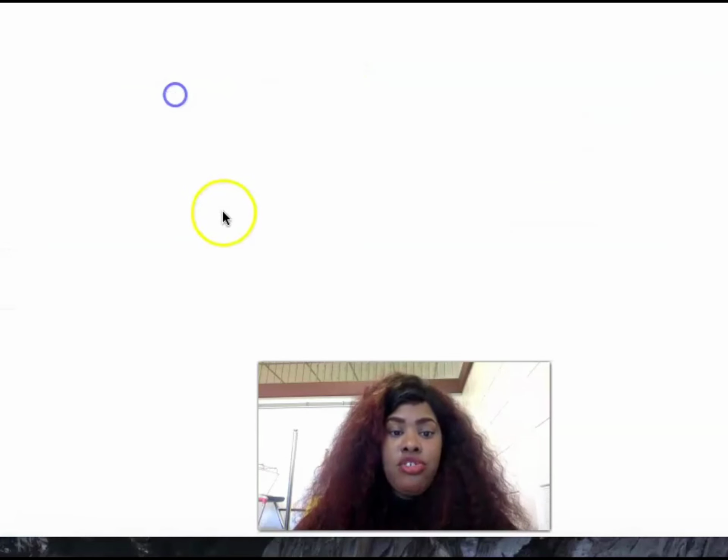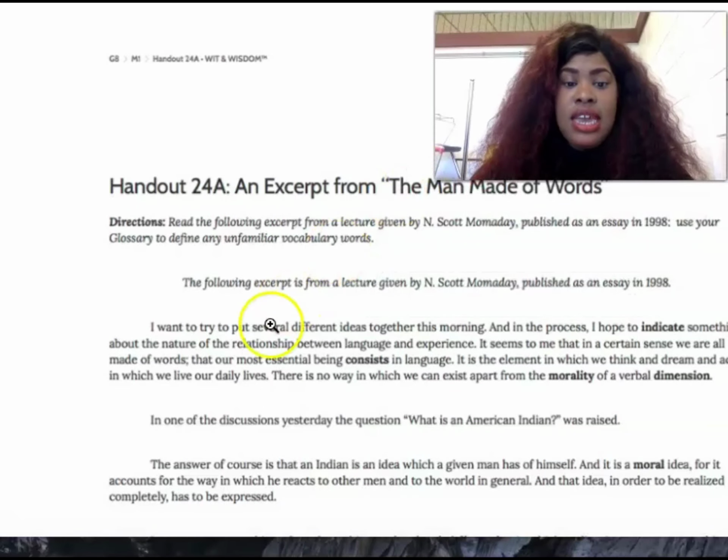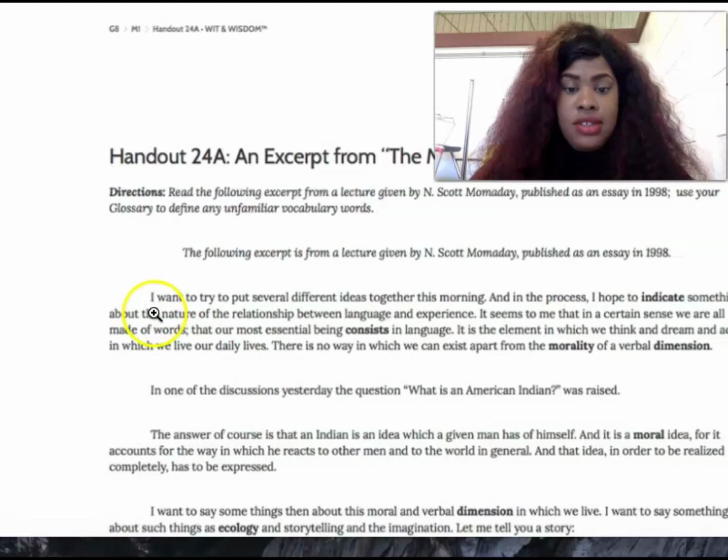So in our excerpt, or our handout for 24A, the article is actually on the handout. So here's the excerpt here, and it starts off with, I want to try to put several different ideas together this morning.